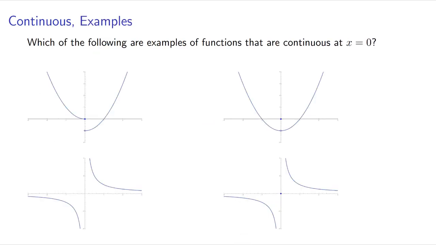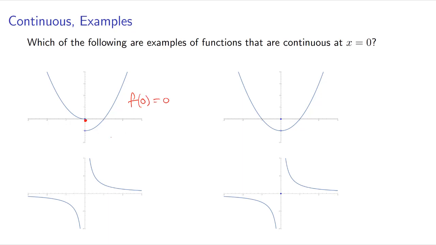Which of the following plots represent functions that are continuous at x equals 0? In this first example, say this function is f, the value of f at 0 is indeed 0 right here.